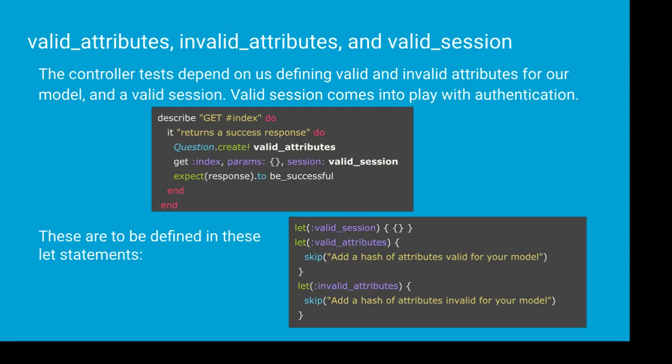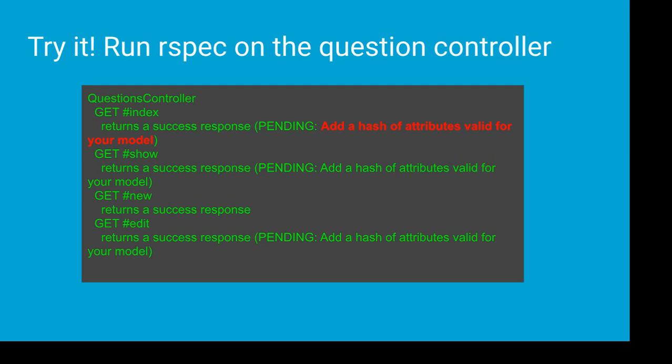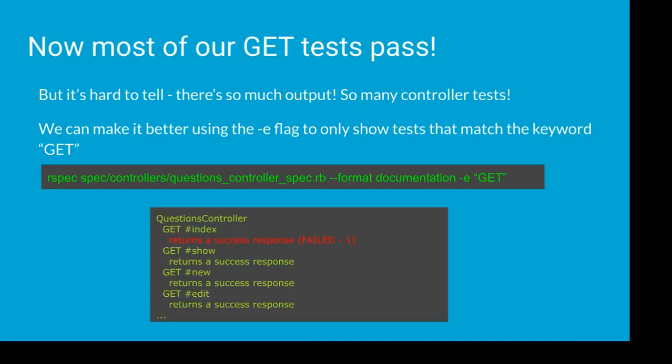Sometimes just the error itself doesn't tell you enough. Sometimes it does, like the pending statements, the tests are written in a way to show you exactly what needs to be added. Sometimes, like this, it isn't super helpful. Like 'returns a success response' failed. That's not super helpful.